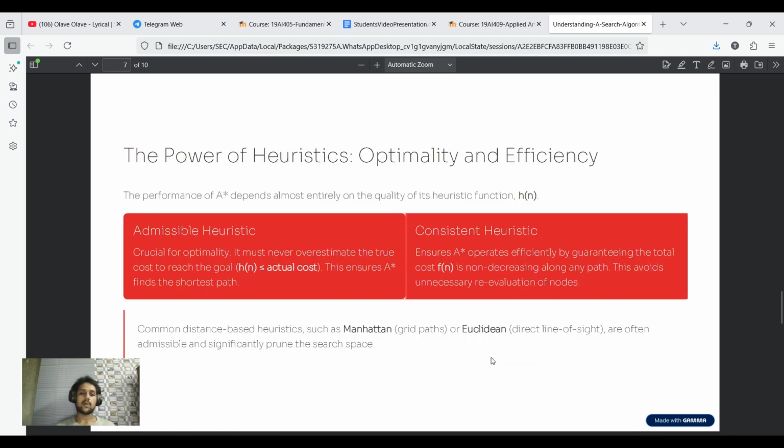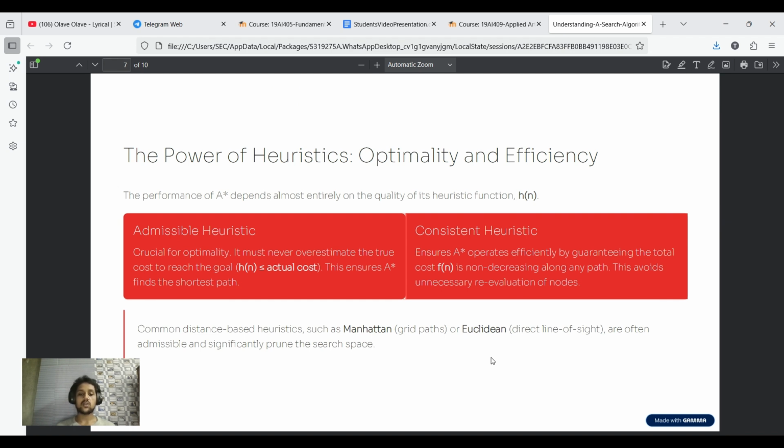Now the power of the heuristic: optimal and effective. The performance of A star depends almost entirely on the quality of its heuristic function, h of n. First is the admissible heuristic, crucial for optimality. It must never overestimate the true cost to reach the goal. h of n is always less than or equal to the actual cost.